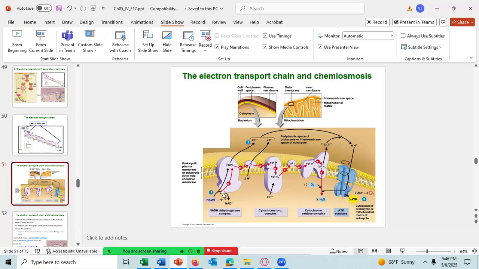Along the way, as the electrons flow through this protein and this protein and that protein, they give this protein and that protein and that protein the energy the protein needs to pump one hydrogen ion from this side of the membrane to that side of the membrane.